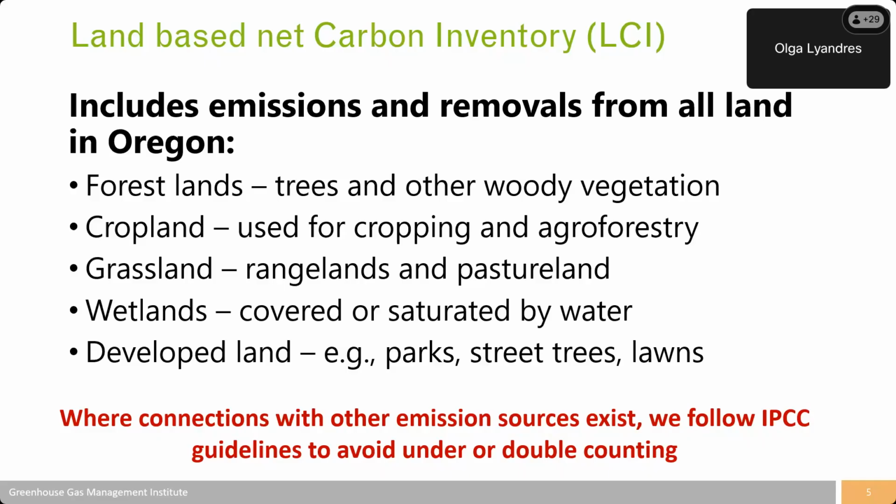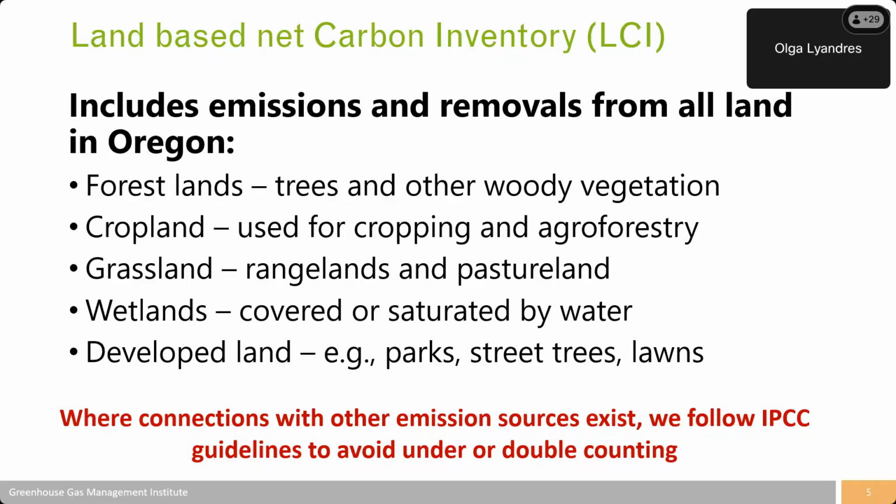And developed land, those are the settlements and all the urban areas that were mentioned that certainly may lead to losses of natural areas, or in fact they do. And we're looking at what carbon and non-CO2 greenhouse gases may be occurring, or emissions that are occurring on those types of lands as well.